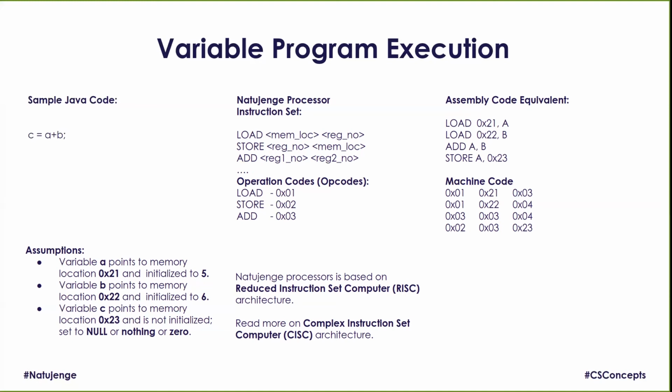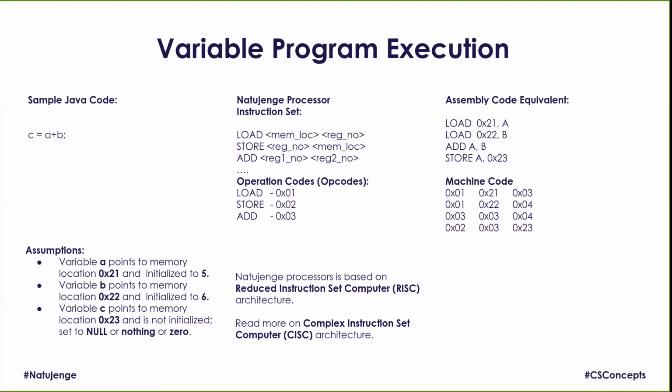In machine code, the mnemonics are replaced with the codes. Instead of register A, you assume that every register has a number. So register 3 is register A, register 4 is register B, register 1 is the program counter, and register 2 is the instruction register.